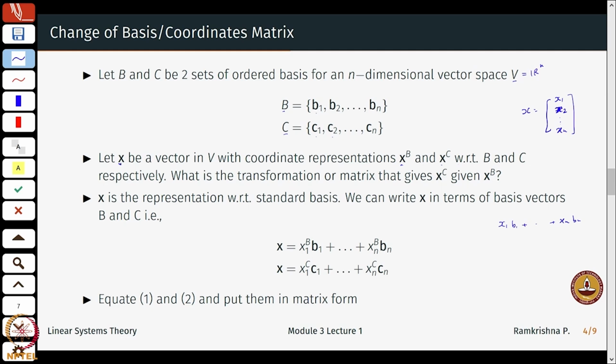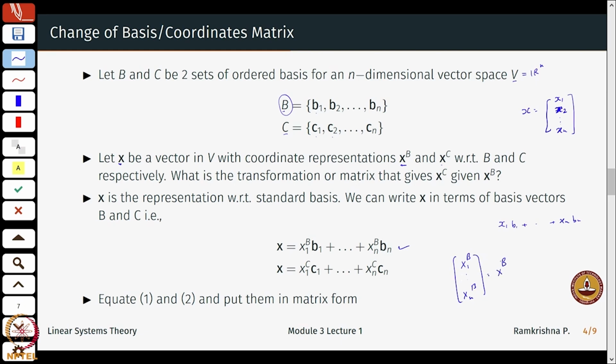What does that mean when I write it down explicitly? This vector x with xb as a coordinate representation with respect to the basis b can be written like this, where x1b till xnb are the individual coordinates of xb.